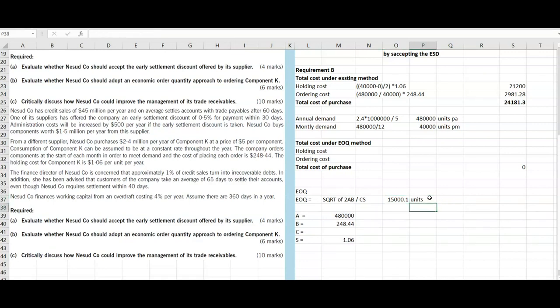So this is a unit. If you work it out in a calculator, it would be very easy to do. So we'll take these numbers as the base, and we'll do it here. Okay. So the earlier method took 40,000 units that had to be bought, but now we have our EOQ as 15,000. For that we'll compute. So earlier, wherever you have 40,000, you can remove that.